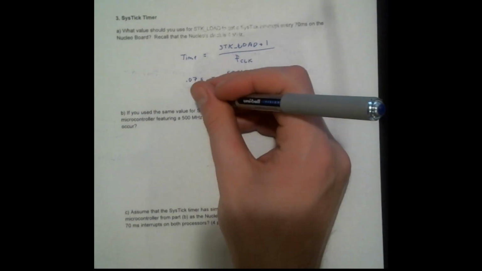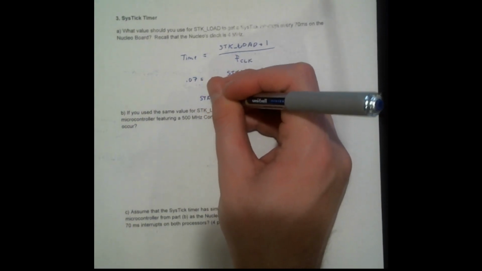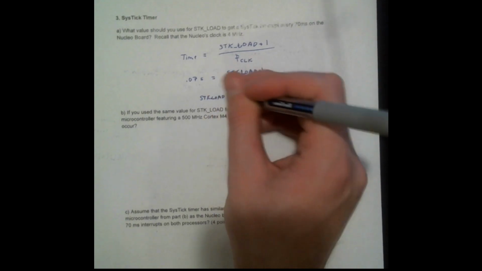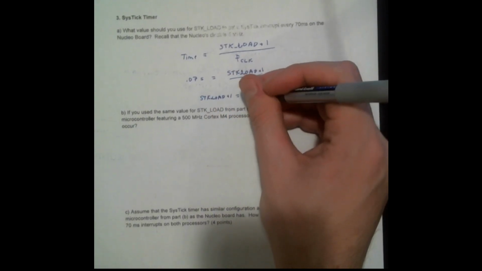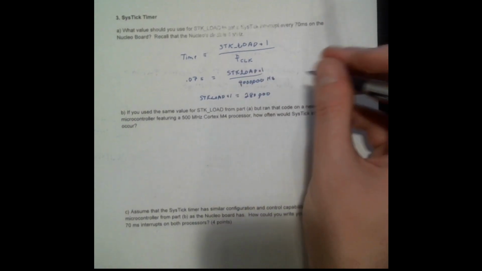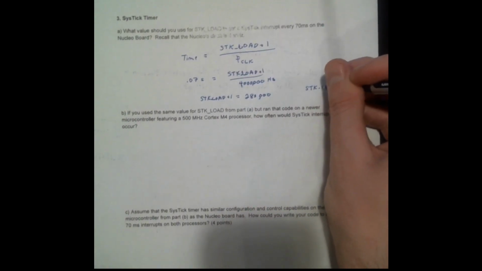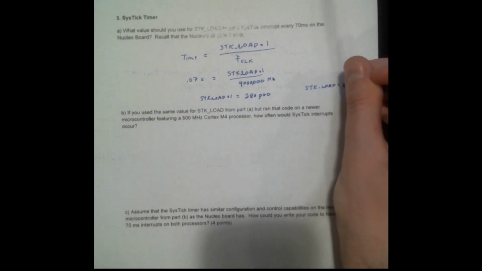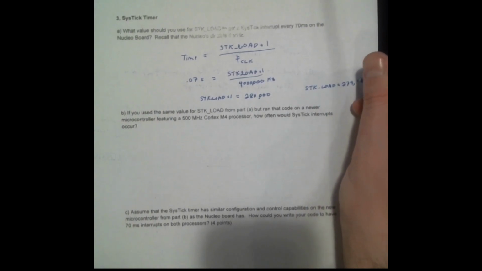And so we multiply 4 million times 0.07, and that gets us STK load plus 1 is equal to 280,000, and that means our STK load should be 279,999. And so that's our final answer there.